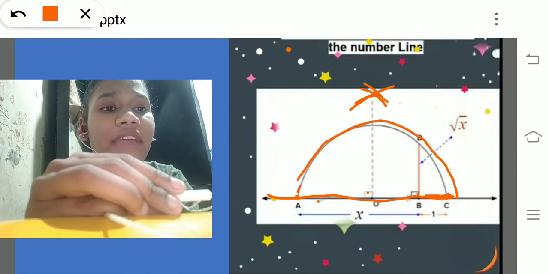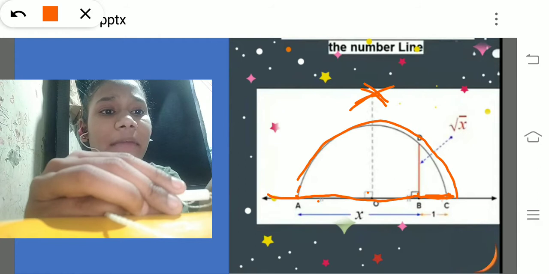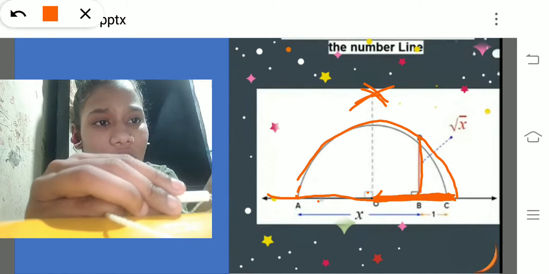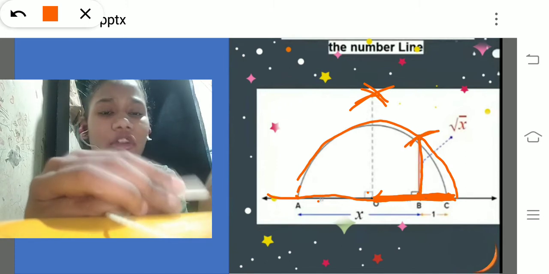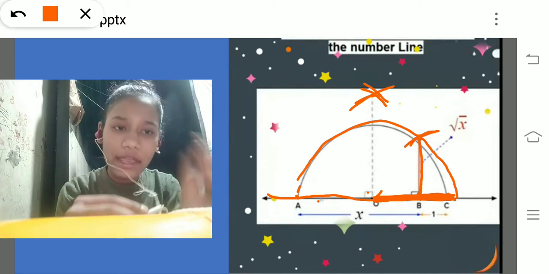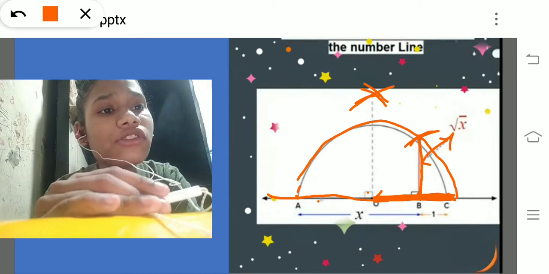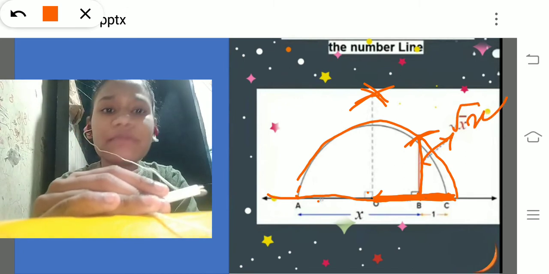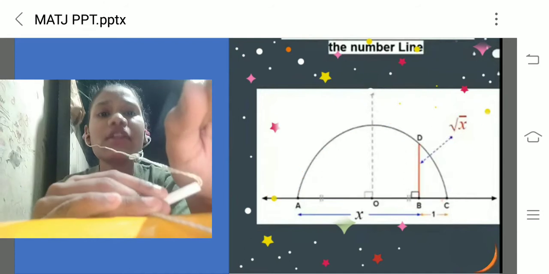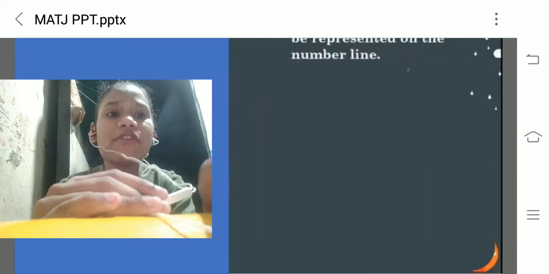Then we took the measure from point O to point C, drew an arc over here, and drew a perpendicular, and this perpendicular shows root X. So this is your solution. I hope it is very simple for you.